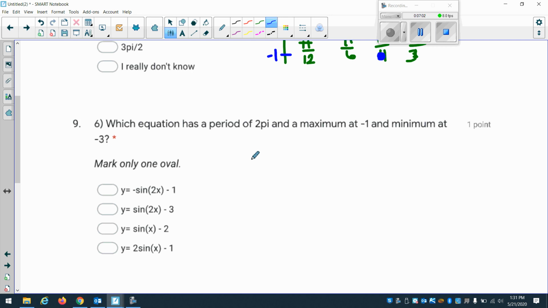Now, a lot of you had this one incorrect. Which of the following equations has a period of 2 pi and a maximum of -1 and minimum of -3? Well, if you have a period of 2 pi and you want to find that b value, then you just do 2 pi over b, cross multiply, which means you get 2 pi = 2 pi b.